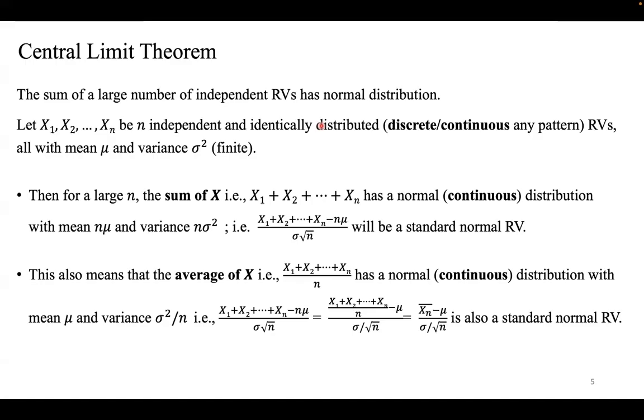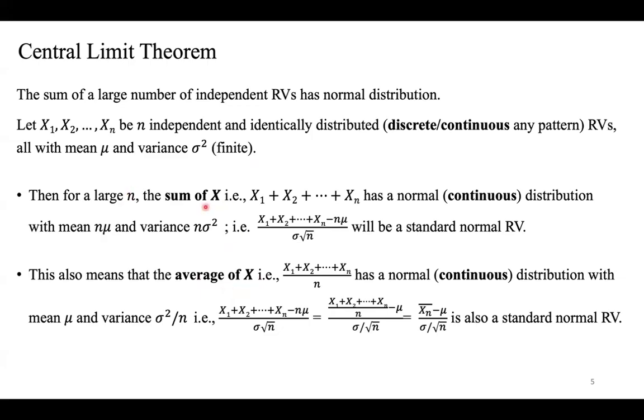So if we have n independent and identically distributed random variables with a particular mean and a particular variance, then there are two distributions that can be written from a combination of these original n independent random variables. The first one is about the sum, and the second one is about the mean.